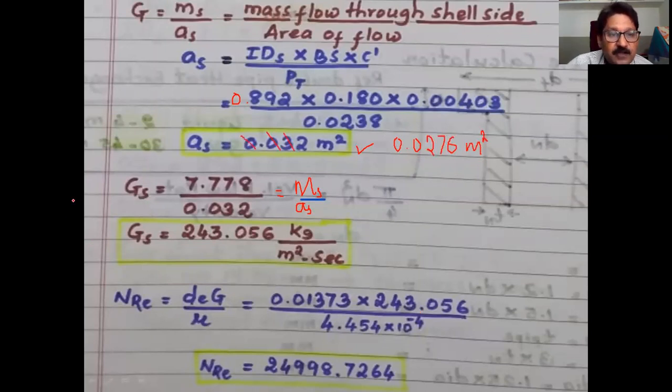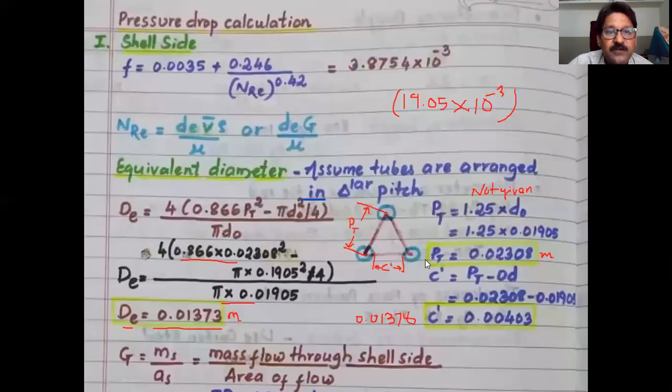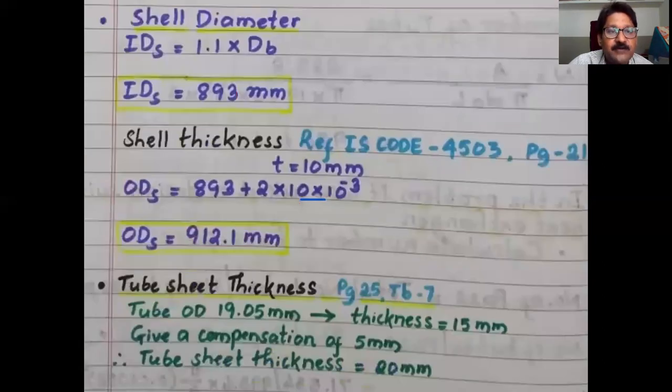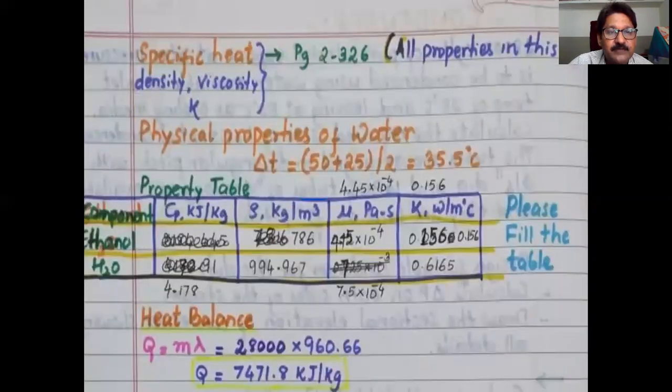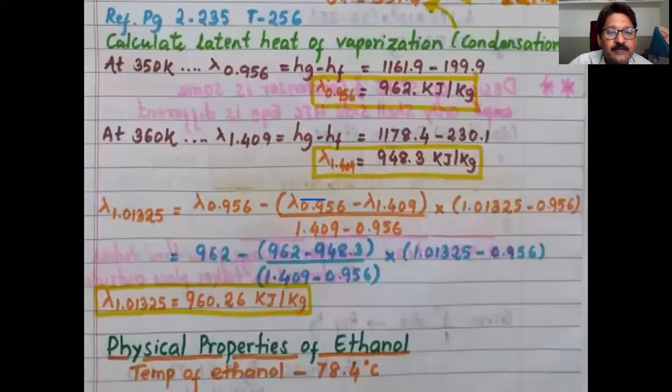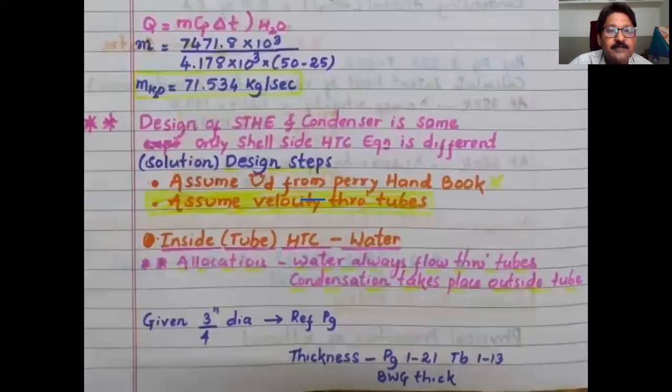So Gs, we are calculating the shell side flow rate. Shell side flow rate is NH3, so the mass flow rate of NH3. We check the mass flow rate, which we calculated in the beginning.